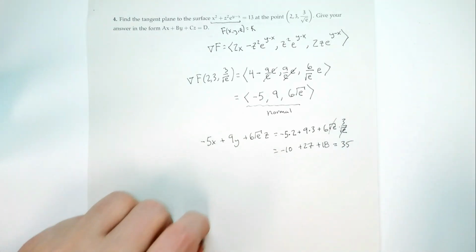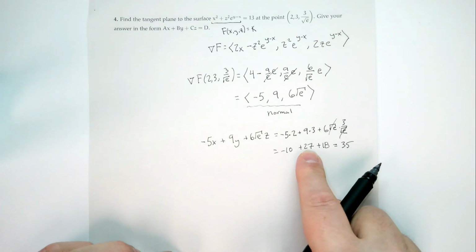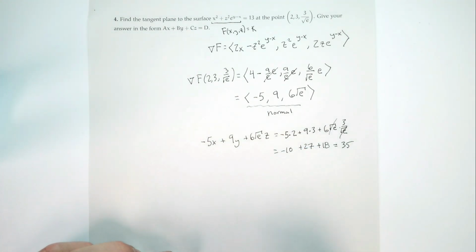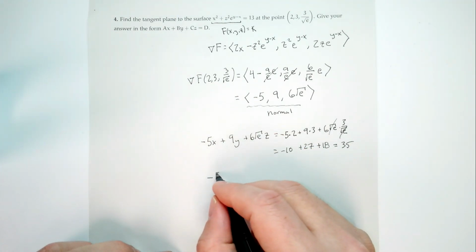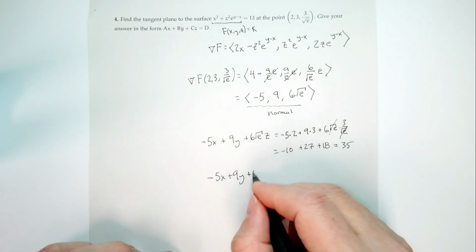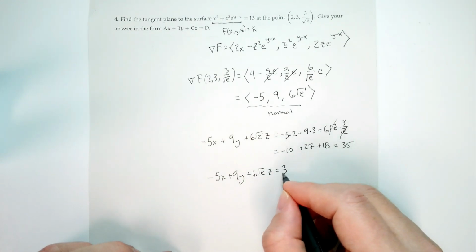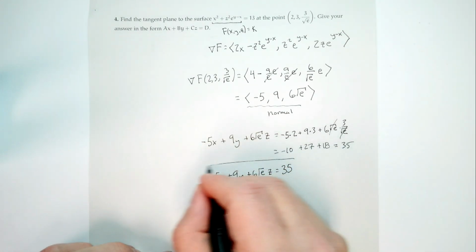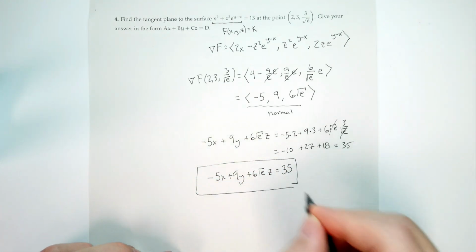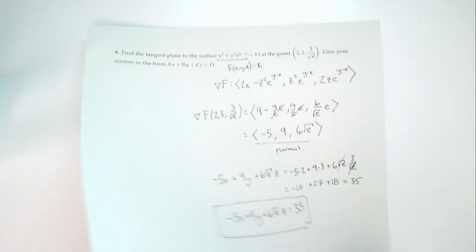Come on, it's not that hard. Minus 10 plus 27 would be 17, and 17 and 18 make 35. So our answer: minus 5x plus 9y plus 6 root e times z equals 35. And there you go. That's it. Life is good. Life is wonderful.